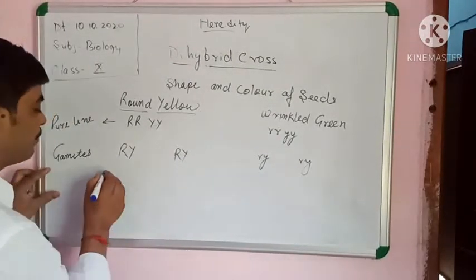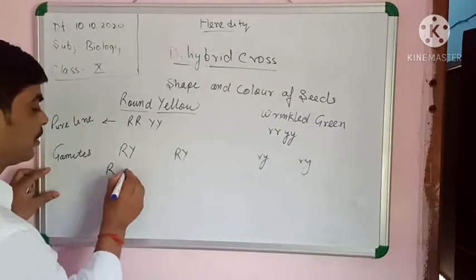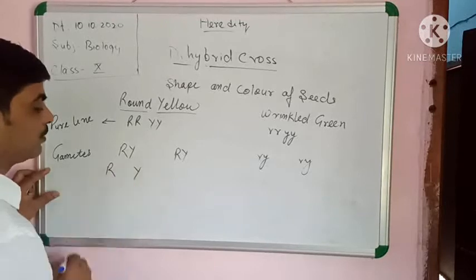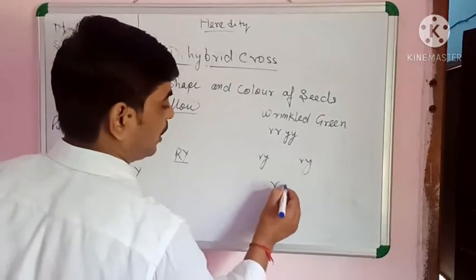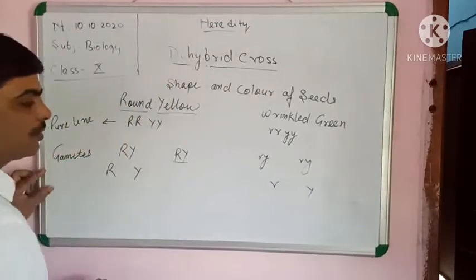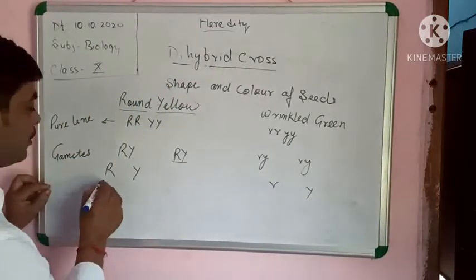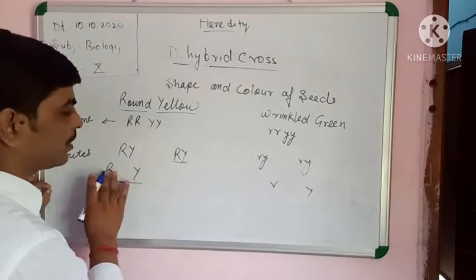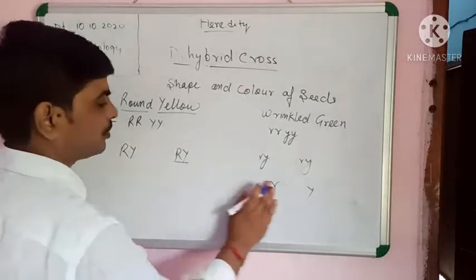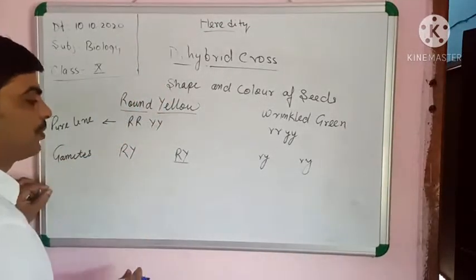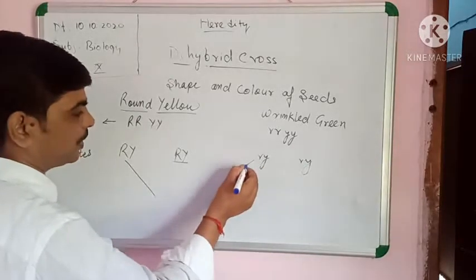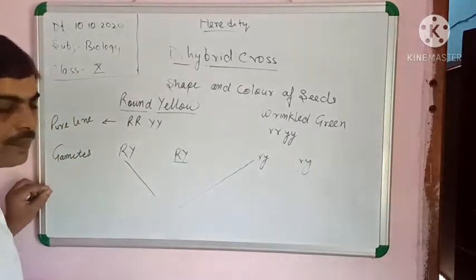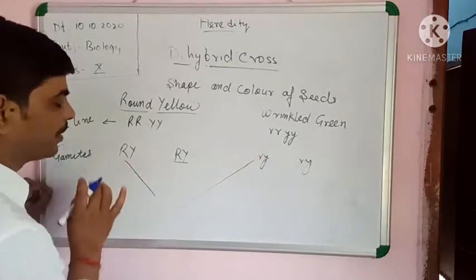Now if we draw it more clearly in this way, RY and ry in this way. So this same thing is this. You can erase also if you are feeling problem. Now suppose this is male and this is female.